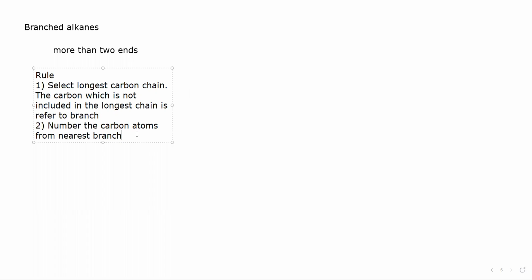Then number the carbon atoms from the nearest branch, and then name the branch first, stating the position of the branch. Then name the branch with yl, and then name the chain. I will explain all these points.